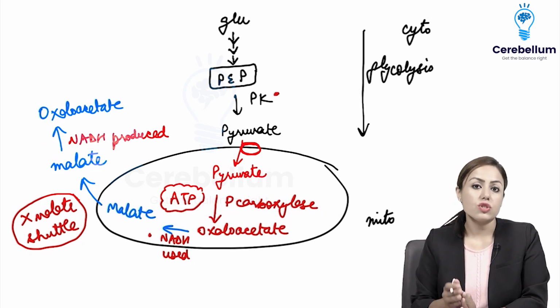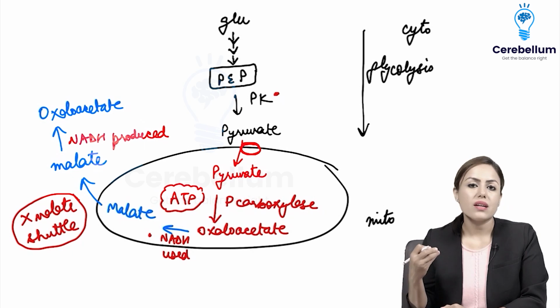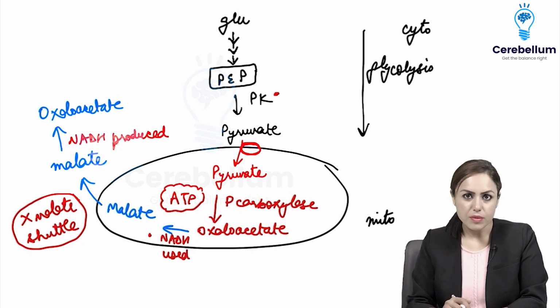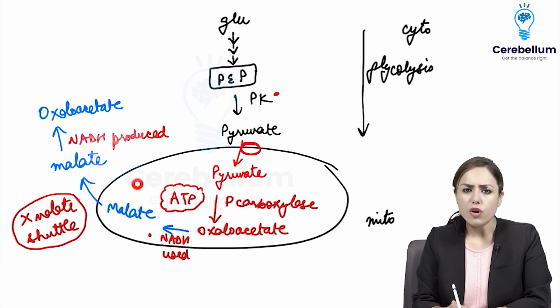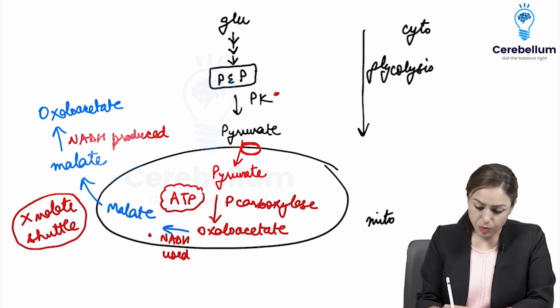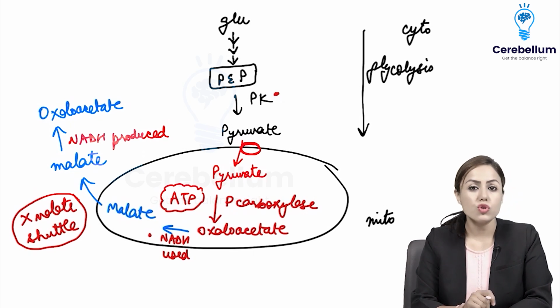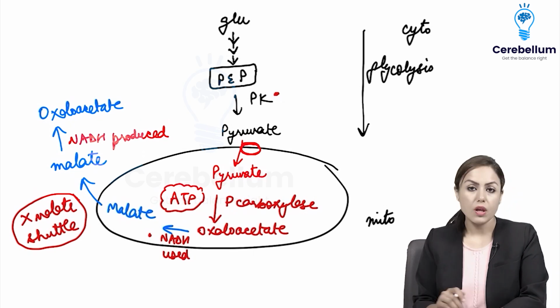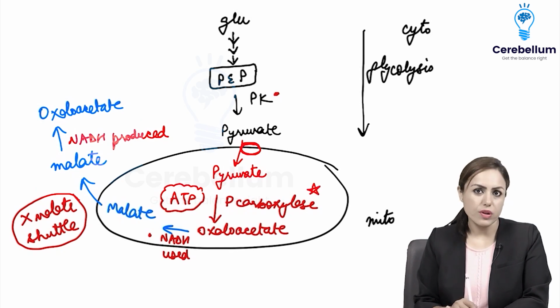Shuttles take NADH from cytoplasm to mitochondria so that it can take part in ETC, right? Here we want to take oxaloacetate outside. We are not taking care of what is happening to NADH here. Just the purpose is to bring oxaloacetate from mitochondria to cytoplasm. So this was one of the special enzymes, pyruvate carboxylase.